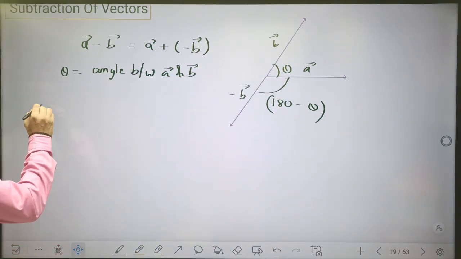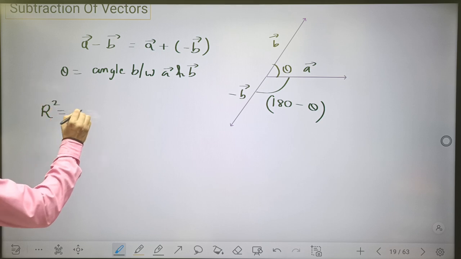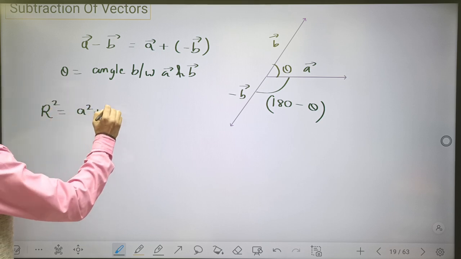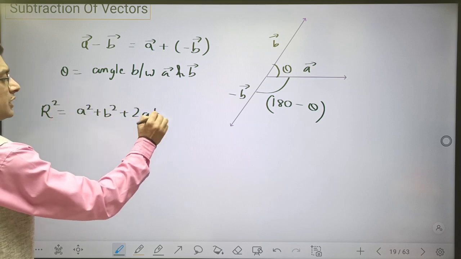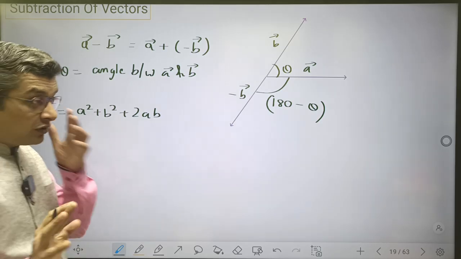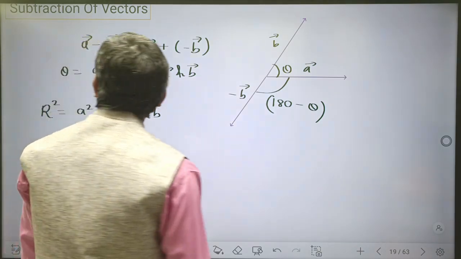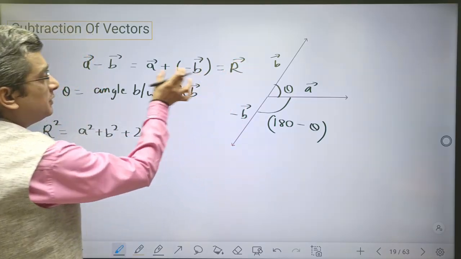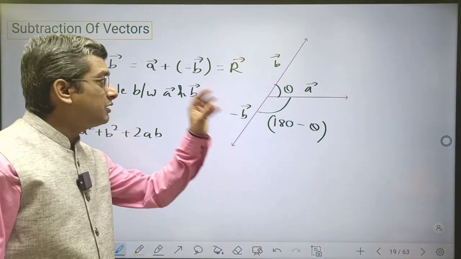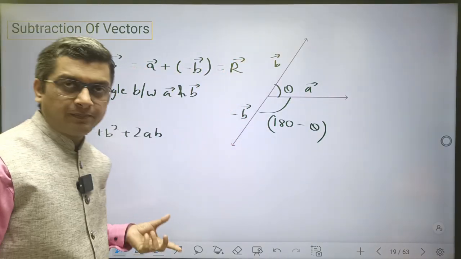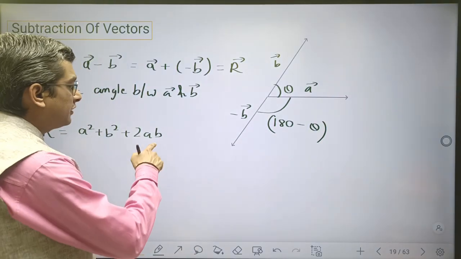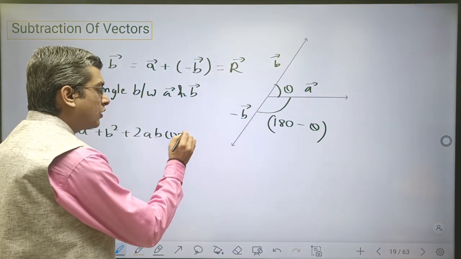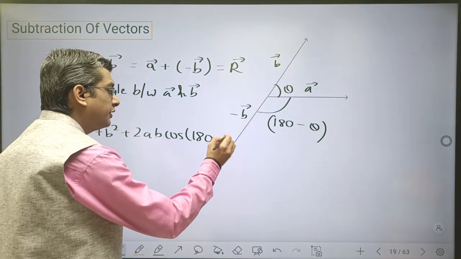So by using the same formula of resultant, R square is equal to A square plus B square plus 2AB. Observe carefully. We are adding minus B vector and A vector, so we have to take the angle between minus B vector and A vector. So here the angle between minus B vector and A vector is cos of 180 minus theta and not theta.